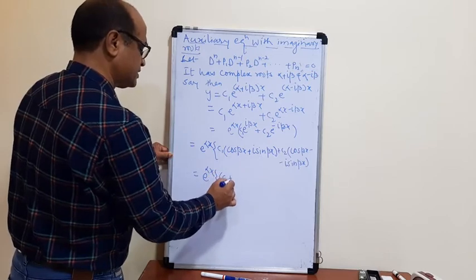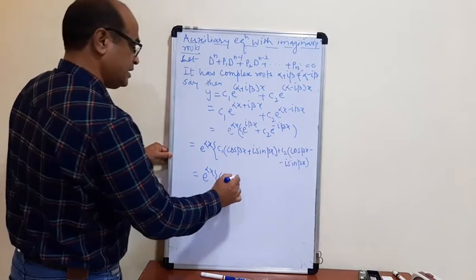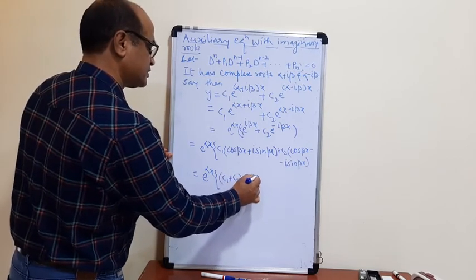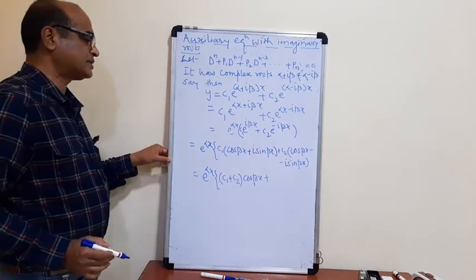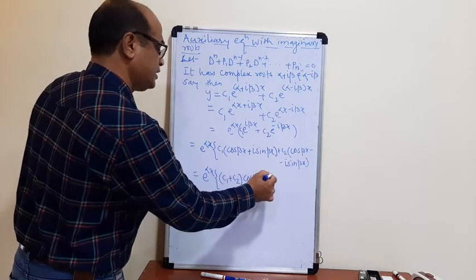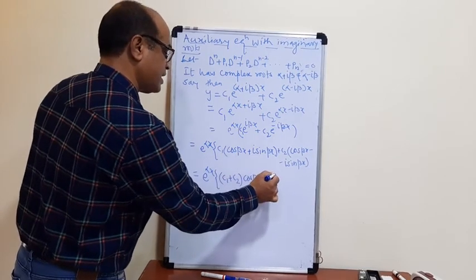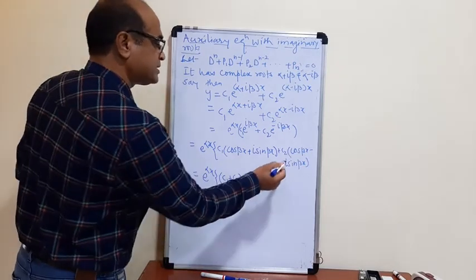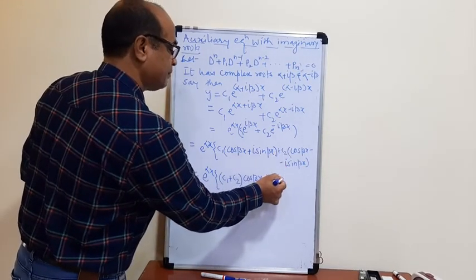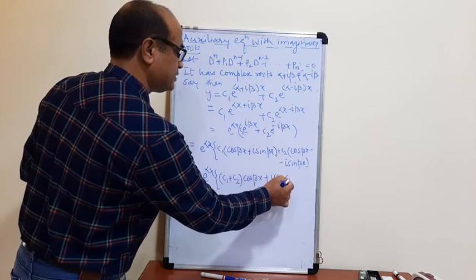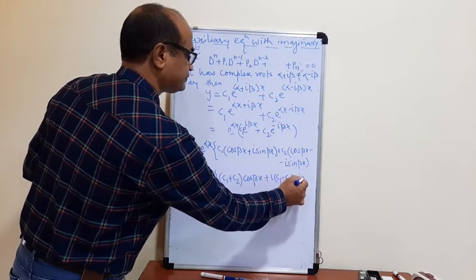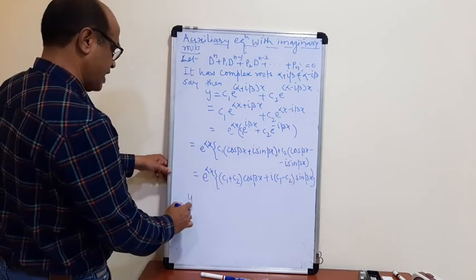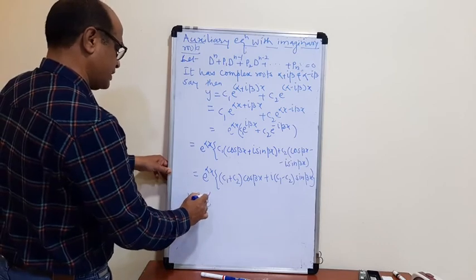So this can be written as cos beta x common out, that is c1 plus c2, cos beta x, plus i into c1 plus i into c2, so that is minus c2 i, taking out sin beta x. Therefore y is equal to e raised to alpha x.